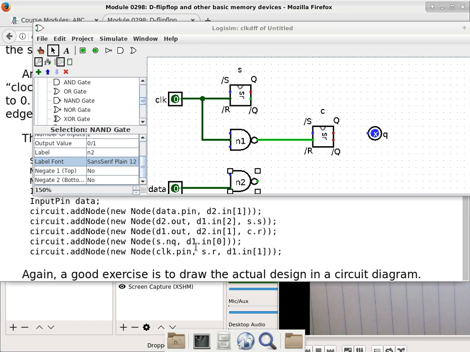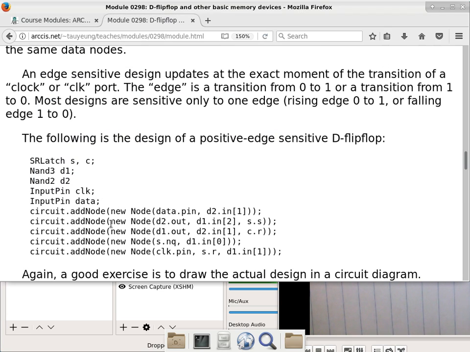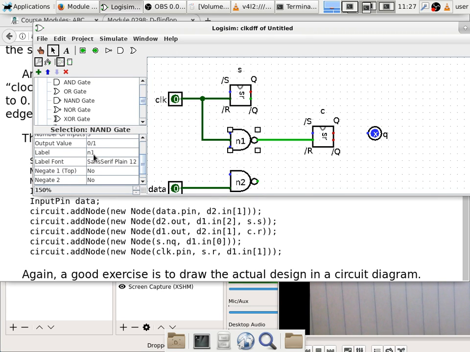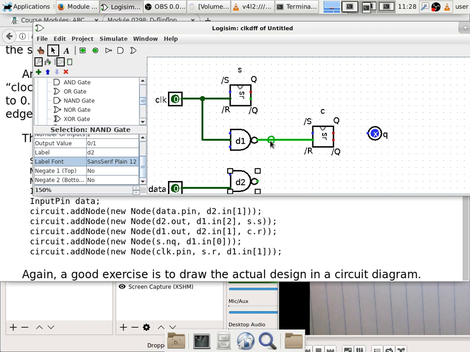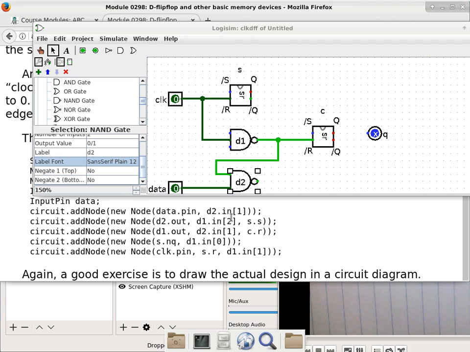But it also goes one more place. Oh, D1, sorry, I use D in this case, not N. There we go. So D1.out goes to D2.in1. Should be using a 0 index, but I forgot to use a 0 index in this case.